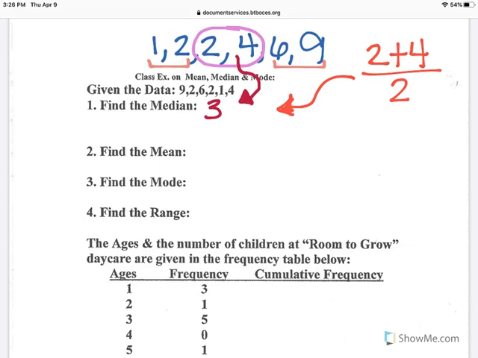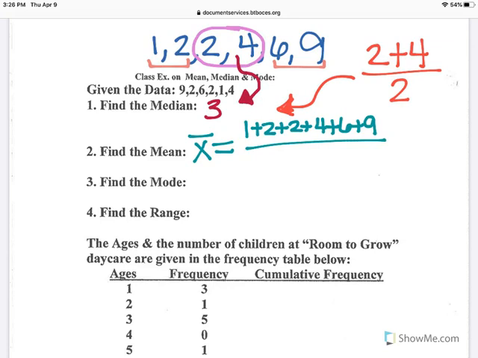Okay, on to the mean. We're finding the mean, also known as the average. And if you remember from the front, the symbol is the X with a line above it. So to figure out the mean, you are going to add all of the numbers in our list together, and then you are going to divide by 6 because there are 6 numbers in our list.